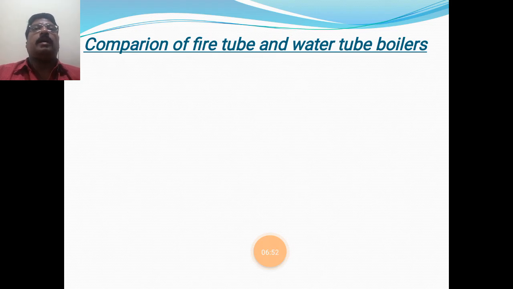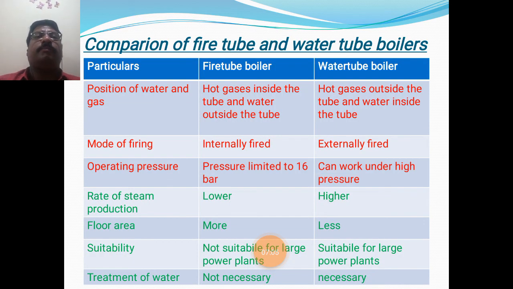Now the major types of boilers are fire tube boilers and water tube boilers. Let us see the comparison between them. The first point is position of water and gas. As I said, in fire tube boilers, the hot flue gases flow through the tubes and water is circulated outside.